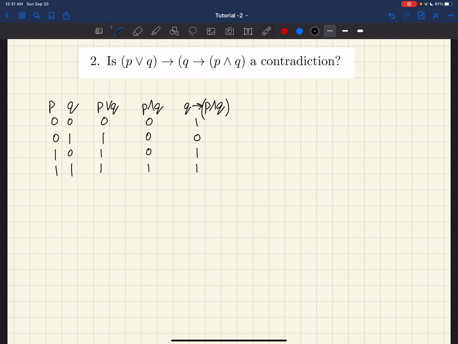Okay, and now what's left is P or Q implies Q implies P and Q. So here we are checking the value of this and this.